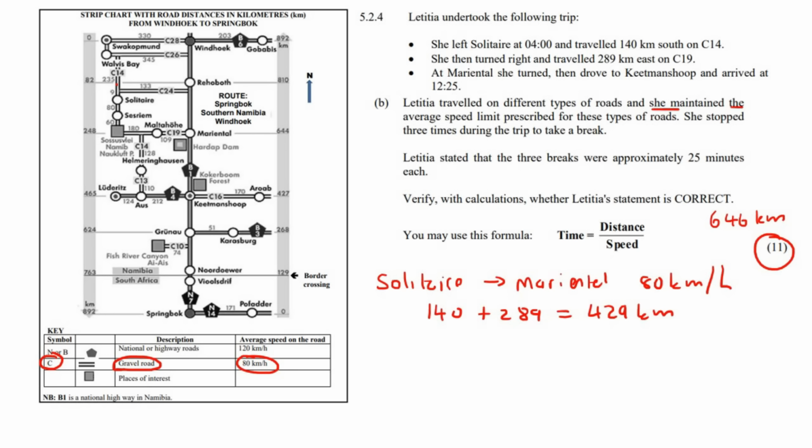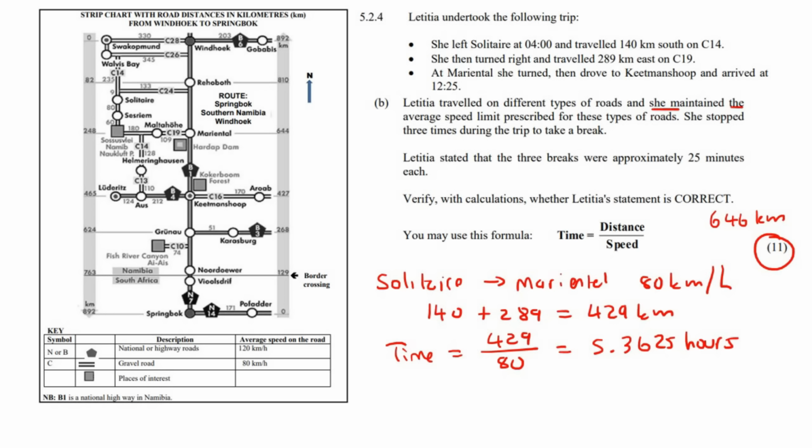So for that part of the journey, we have the speed and we have the distance, so we can calculate the time. So the time would then be 429 divided by 80, and that would be, don't round off, it's not the final answer, 5.3625 hours. Okay, 5.3625 hours. Of course, she probably stopped along the way, but we'll just add that in later.